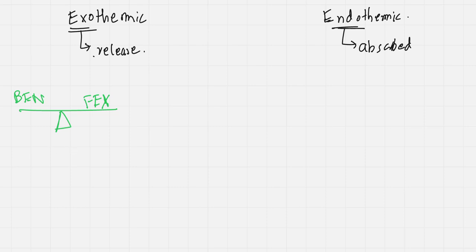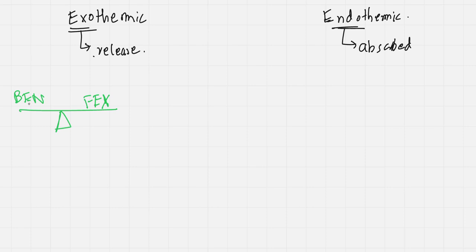Any reaction can be given to you, so you don't have to worry about that. In the question it will already be mentioned whether the reaction is exothermic or endothermic. It will always be given to everybody in the paper.